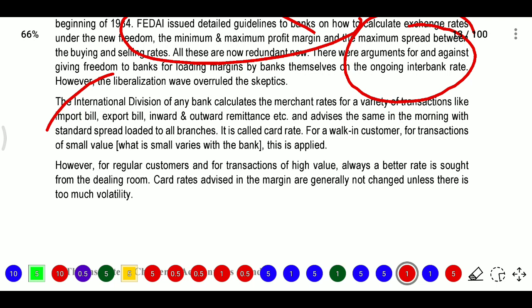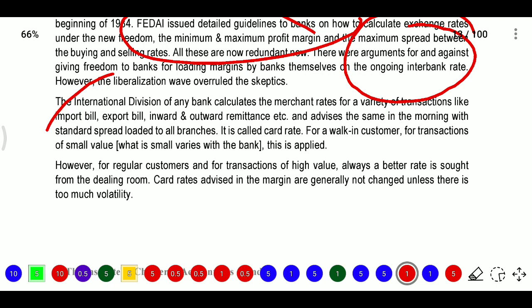This is called the card rate, the merchant rate for walk-in customers and for transactions of small value. What is small varies with the bank: for some banks it will be small, for some it will be big, so it depends on the bank.